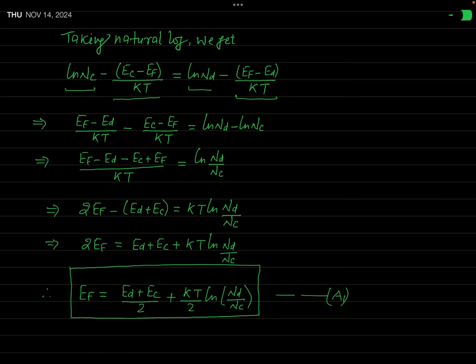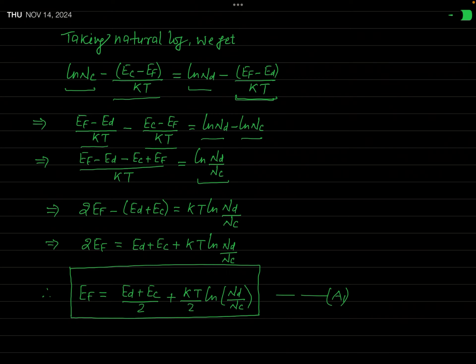Now let us bring the last term on the right to the left, and it becomes plus. So Ef minus Ed over Kt minus Ec minus Ef over Kt equals ln Nd minus ln Nc. Now this is Ef minus Ed minus Ec plus Ef over Kt, and this is log Nd over Nc, because log A minus log B is log A by B.